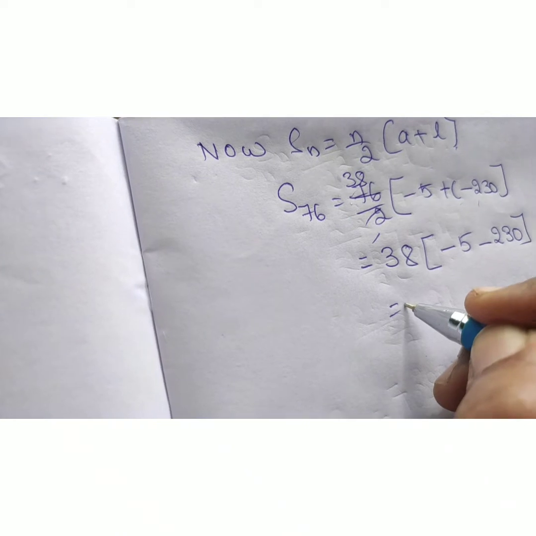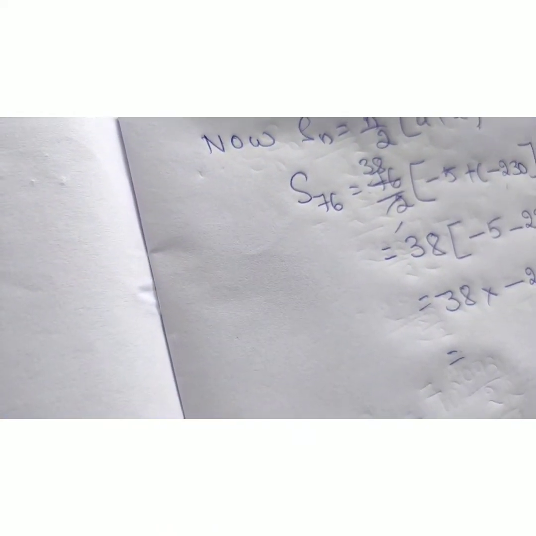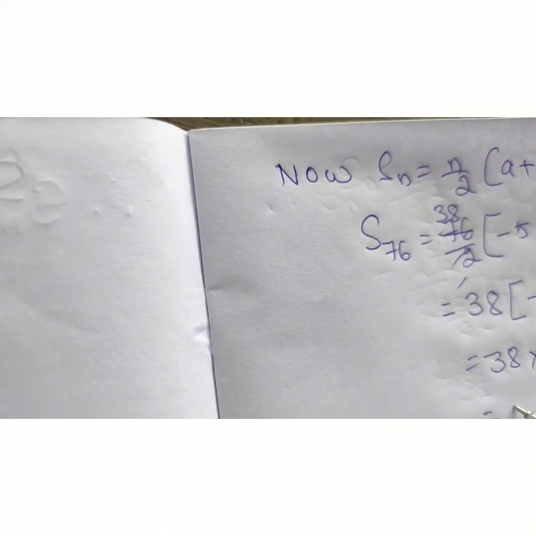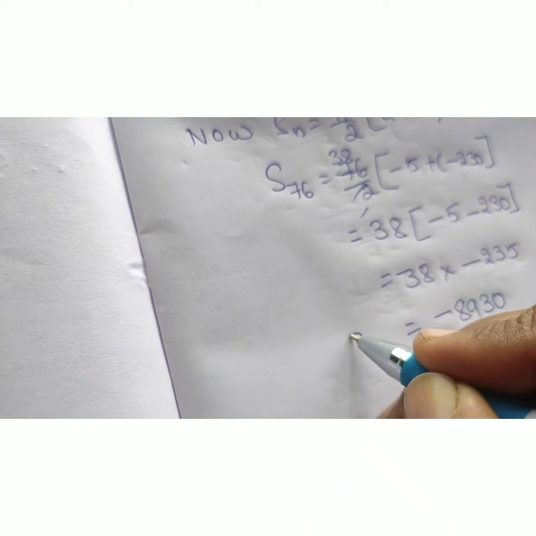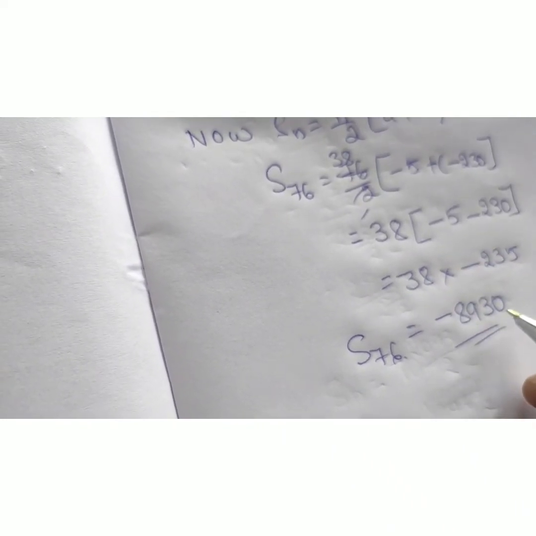So that will be 38 into minus 235. So you multiply here, and you can get the answer as minus 8930. When you multiply this, the sum of the terms S76 is minus 8930.